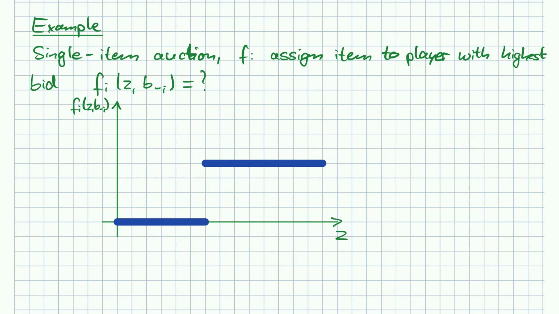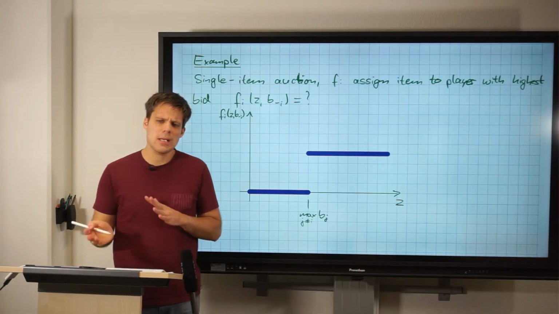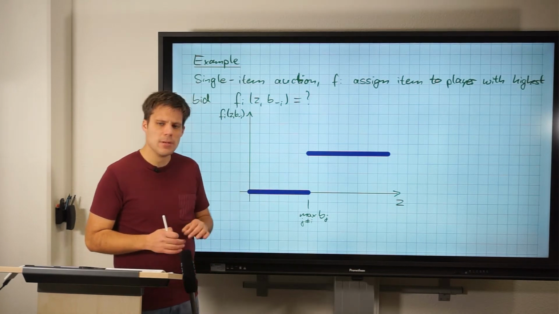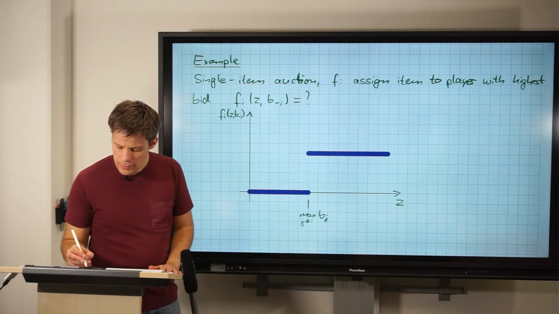And where is this turnover point? This is exactly here at the maximum of all other bids. I'm not stating exactly what happens at this point, because this is just a matter of tie breaking, but the function will look like this.